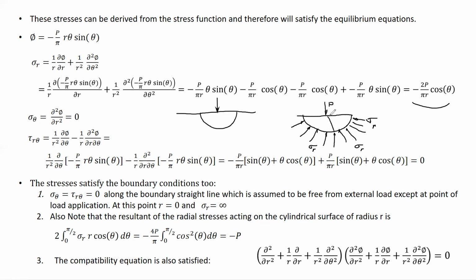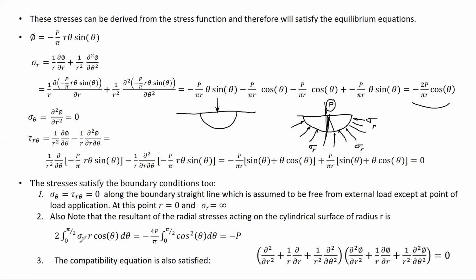It would be maximum in the vertical direction, and as we go to the edges, it gradually dies out. So the sum of these stresses applied on this surface should balance the external force P.